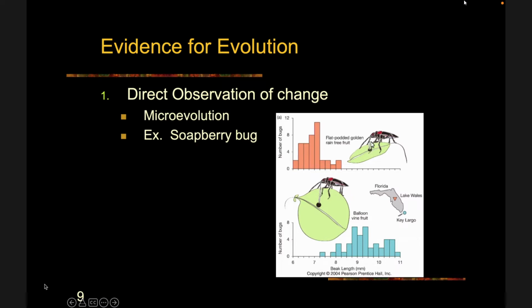The shorter the beak, the greater the likelihood that they could feed on this fruit and survive. After about 100 generations, someone did a study and measured the length of beaks around Key Largo versus around Lake Wales, and the distribution of beak sizes has drastically shifted toward the shorter end.